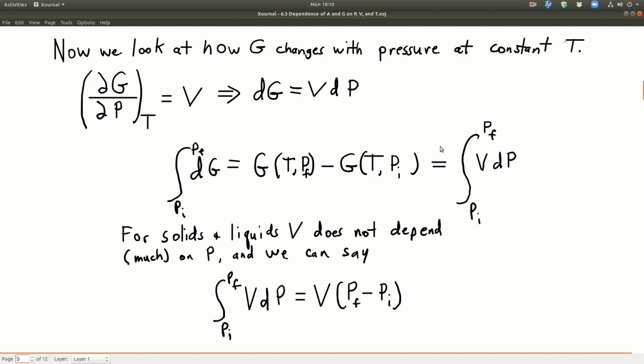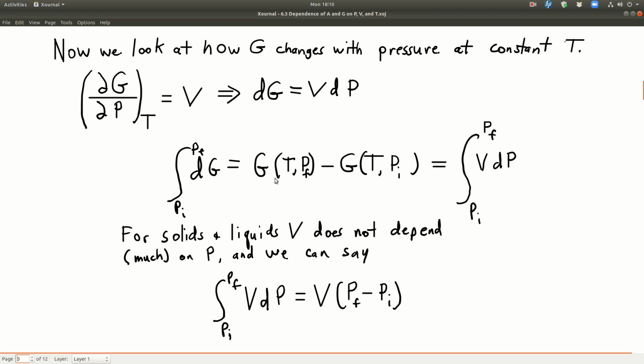So now let's look at how Gibbs energy changes when we change the pressure at constant temperature. Starting with this equality, again we derived this last section, partial G, partial P, constant T equals V. Multiply through by partial P, making these exact differentials. You see that dG equals VdP, and integrate over pressure from initial pressure to final pressure.